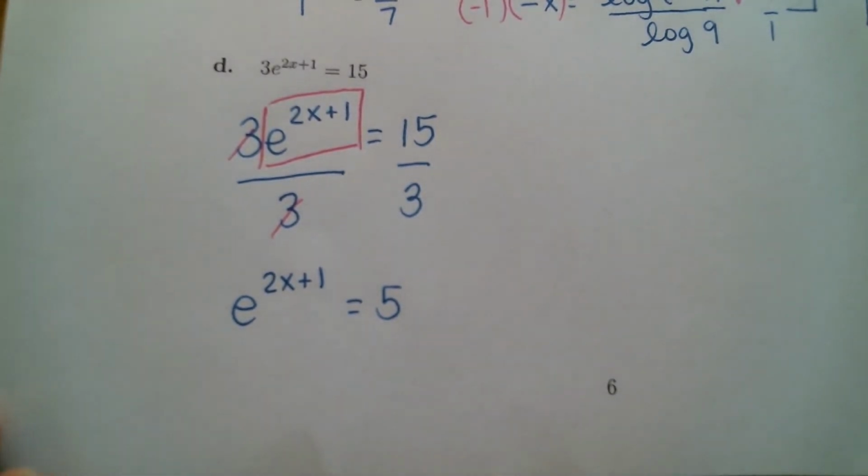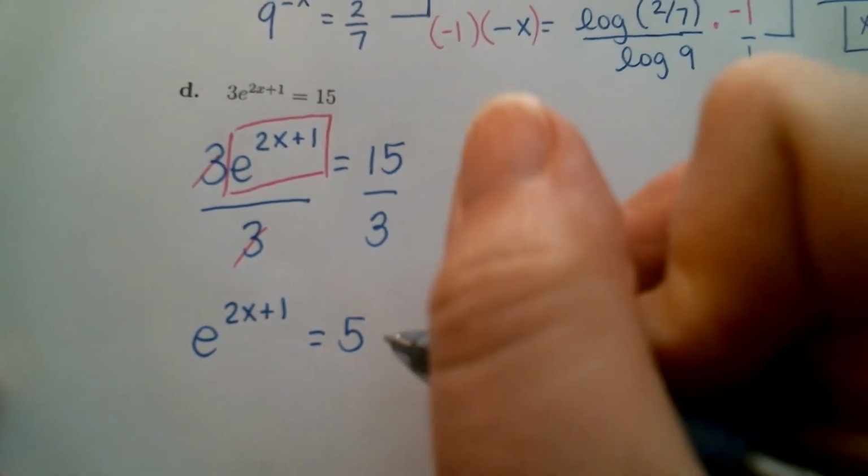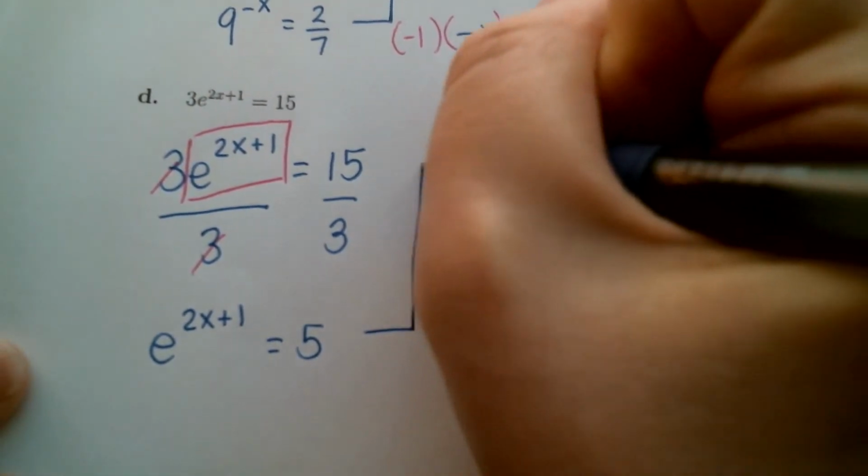So here, it is preferable to use natural log as opposed to log. You could use log, and your answer would look a little more complicated, but it would still give you the same answer at the end of the day. But because ln and e cancel each other out, the easiest thing to do here is to use natural log. So in the next step, I'm going to take the natural log of both sides.